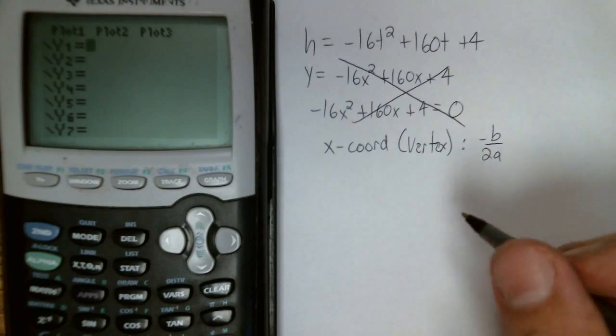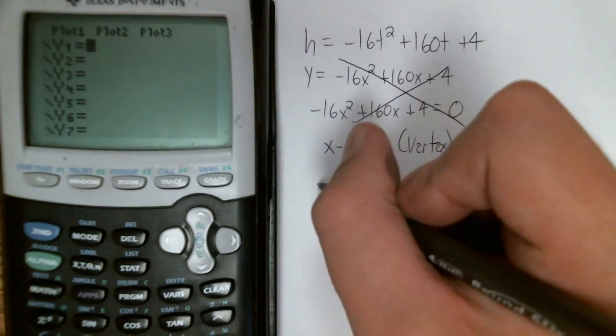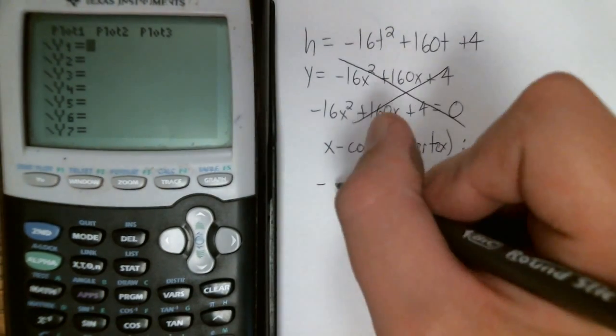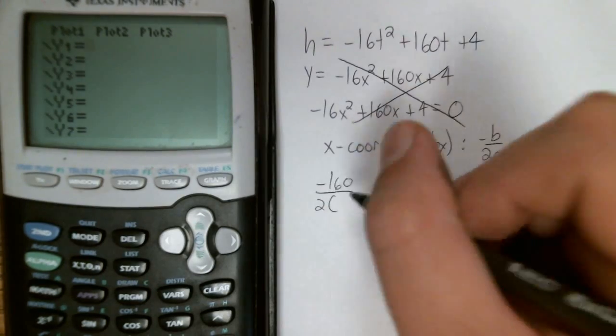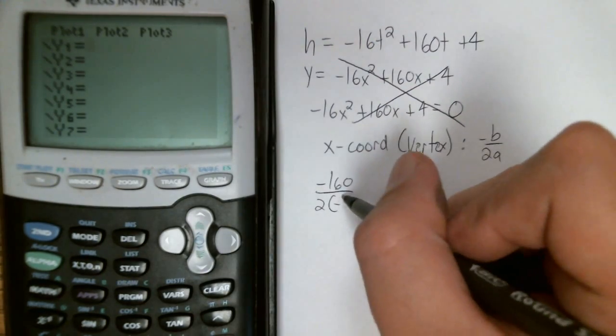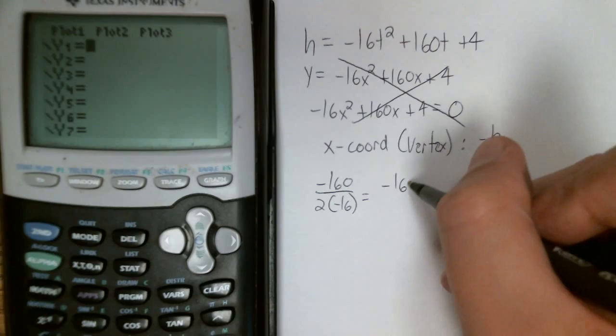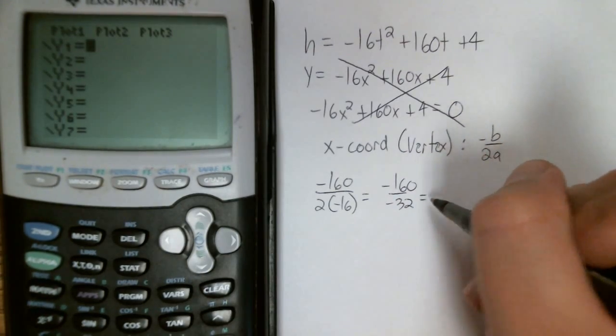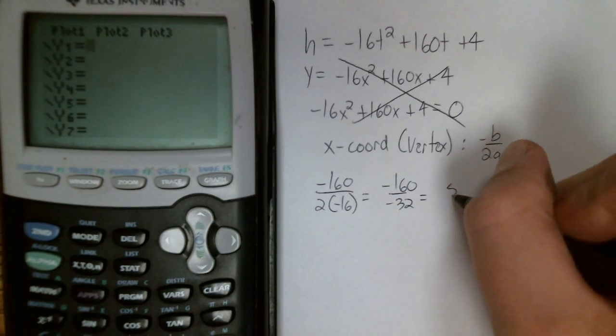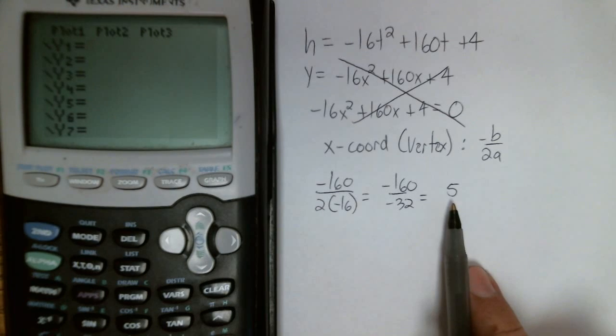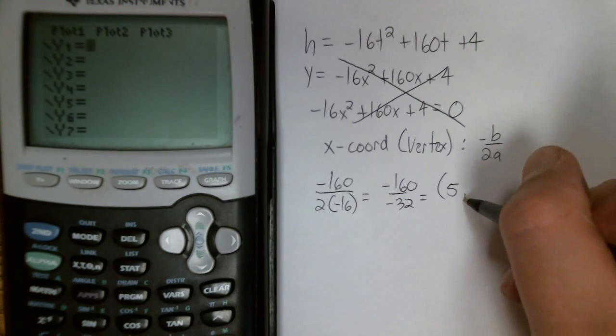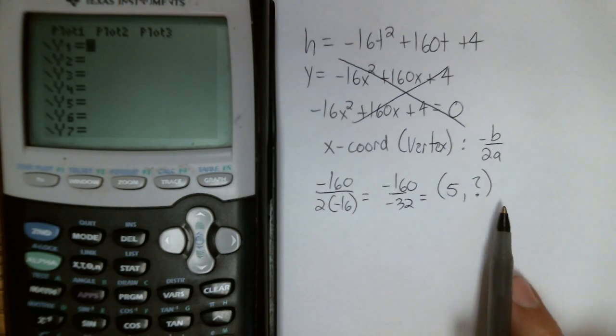So I'm going to plug this into my little equation. I have negative b over 2a, so negative 160 divided by 2 times a, which is negative 16. That's negative 160 over negative 32, and that comes out to be 5. So the x-coordinate of my vertex is 5. It's going to be 5 comma something. How do I figure out the y-coordinate?